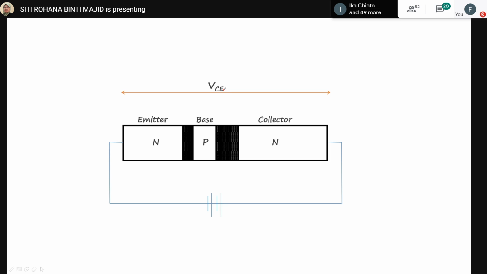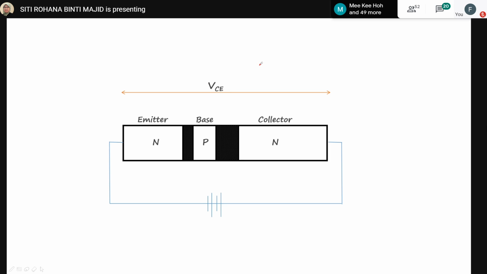This entire voltage applied between collector and emitter is dropped at two places.